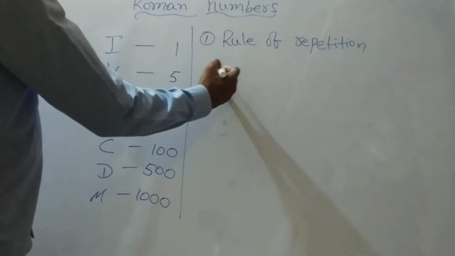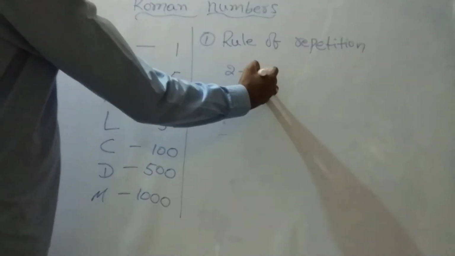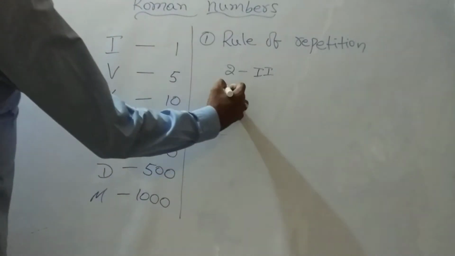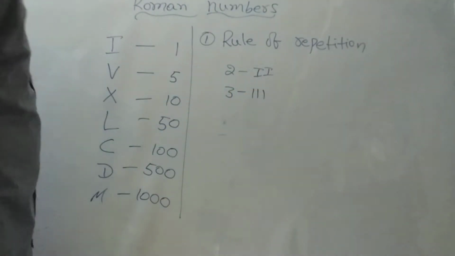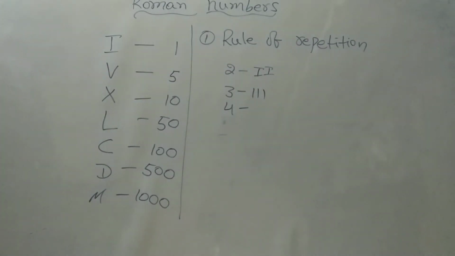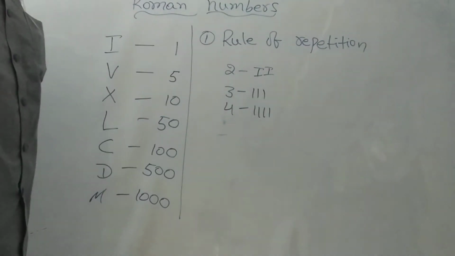Suppose you want to write 2, we can write I 2 times. 3, three I's. 4: how to write 4? Four I's, is it right?